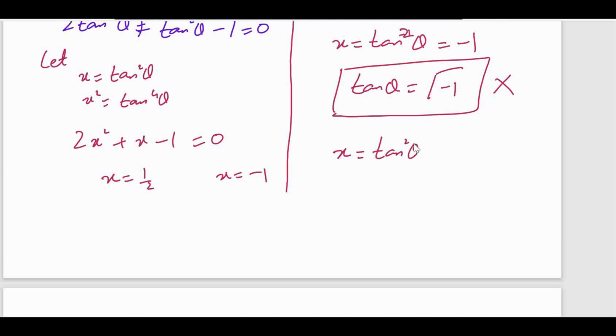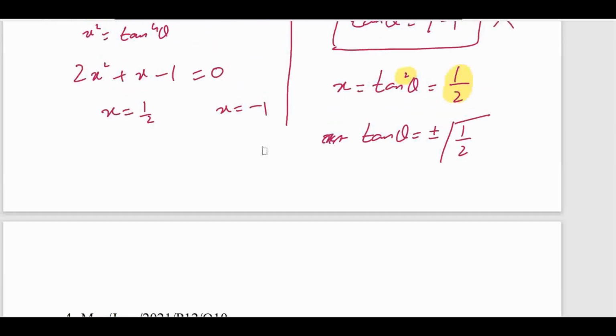Let's see the other one, that x is equal to tan square of theta is equal to 1 by 2, which means that tan theta is equal to plus minus square root of 1 by 2, because we have to take the square root so that we can cancel out this square. Now we will have two values of theta.